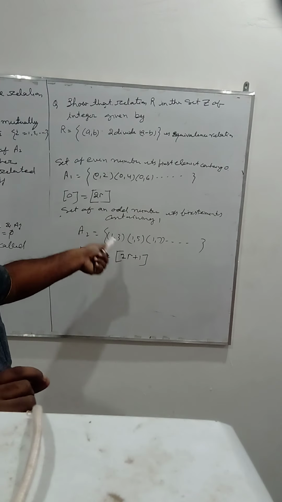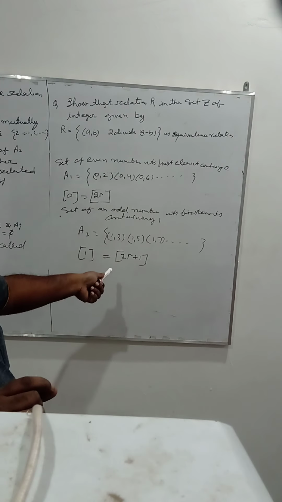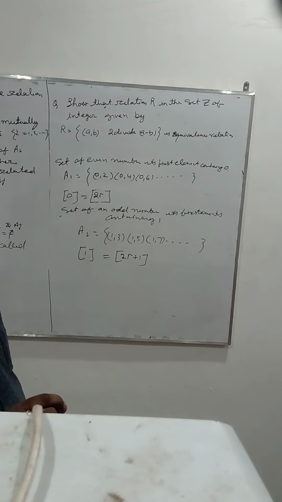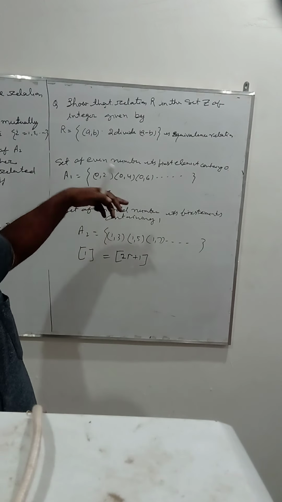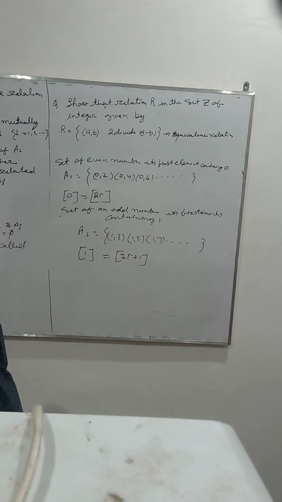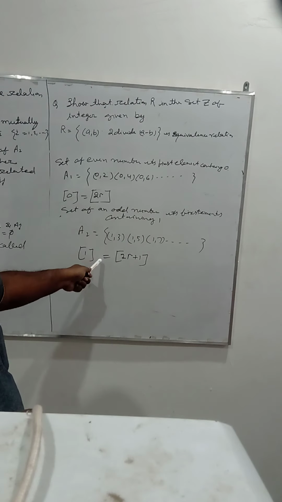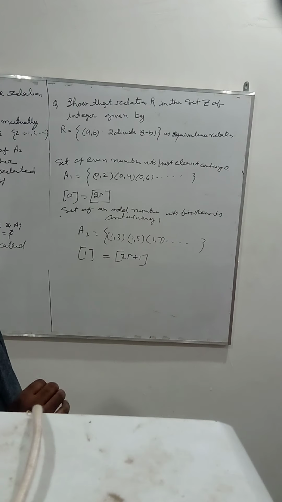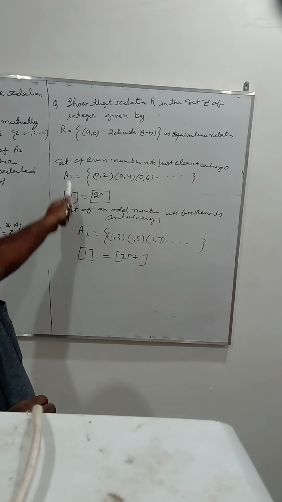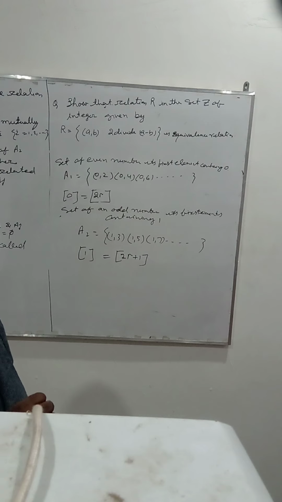Look here, they are related to each other, but no element of the first set is related to any element of the other set. So the intersection of these two sets is always disjoint, and these two sets are known as equivalence classes.